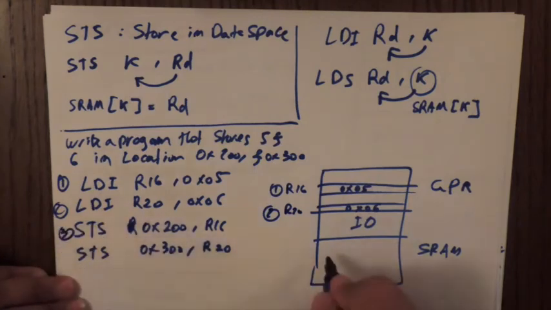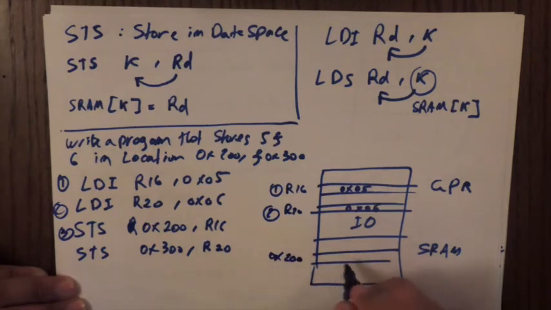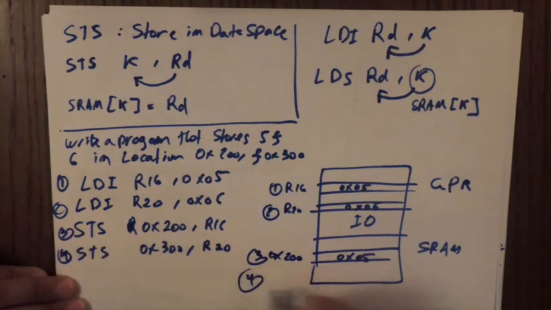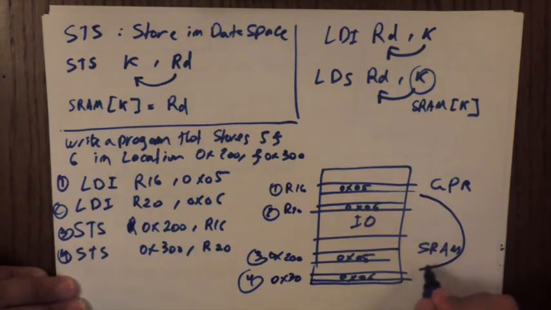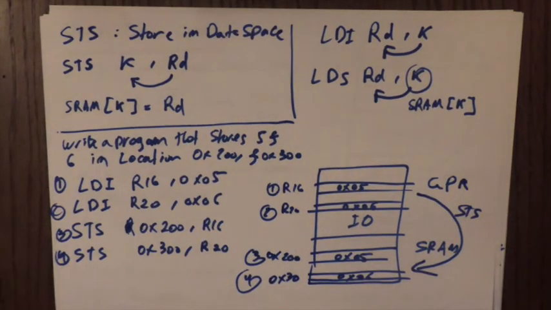Then number three, in location 0x200, I placed 0x05. And in number four, I placed in 0x300 0x06. So this is the STS path into the data space. This is how I can read and write from the data memory.